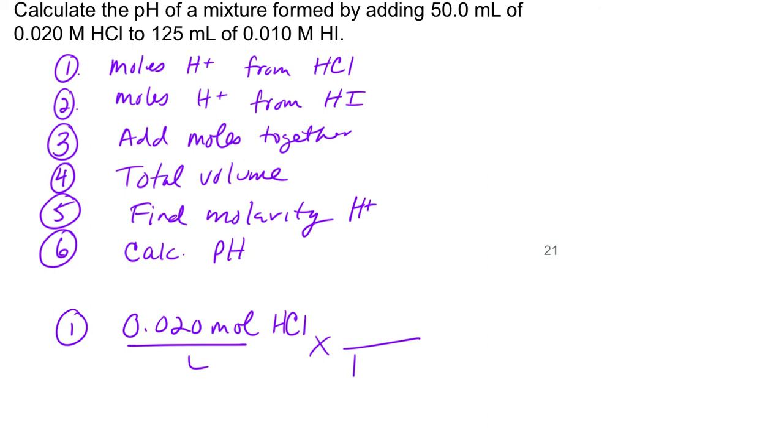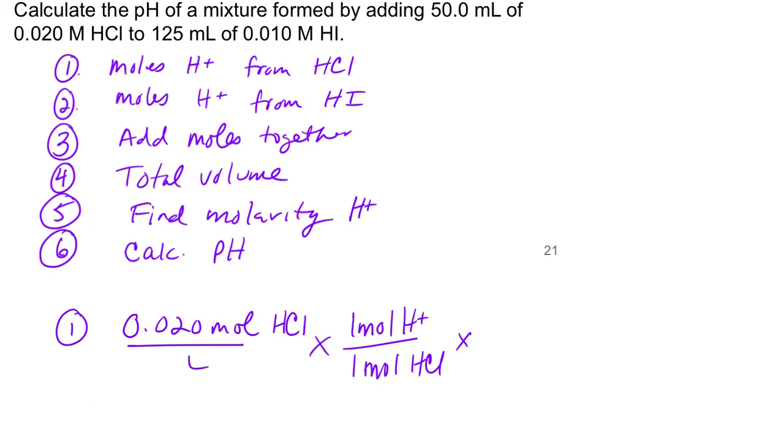For every, and I'm going to write this out because that, like the barium hydroxides, that'll get you. So for every 1 mole of HCl, you get 1 mole of H plus. Okay, maybe you recognize that right away, but sometimes it's useful to be incredibly deliberate.